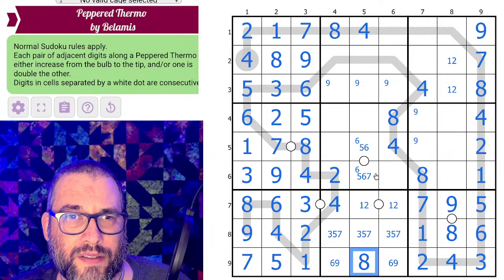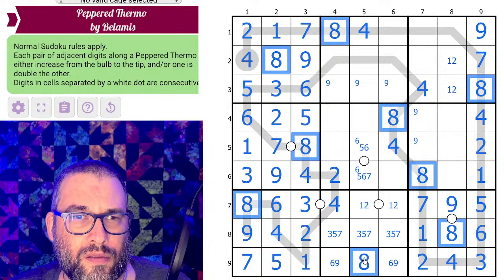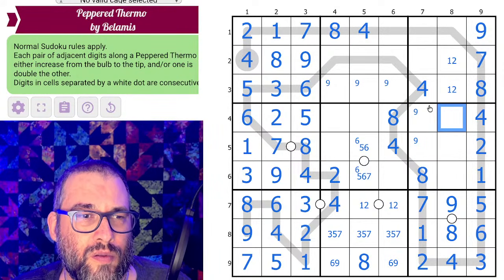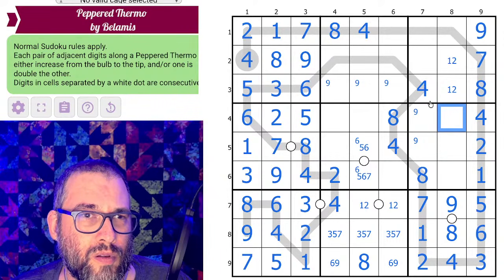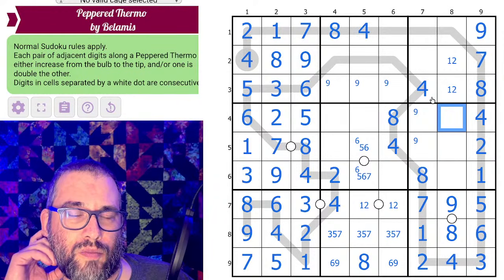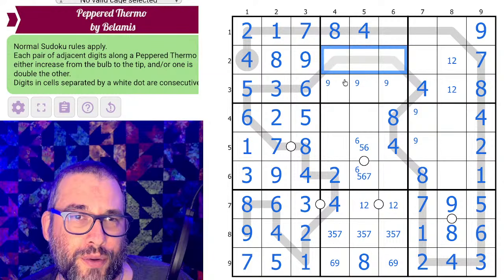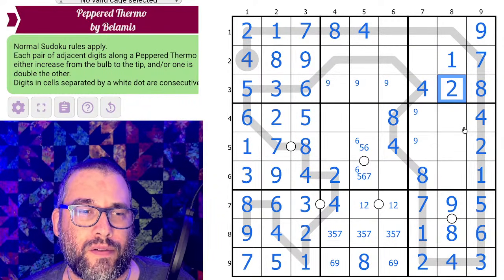That's 8. That was our last 8. 1 in row 2 can't go on the line without breaking this cell. So this cell just is a 1.